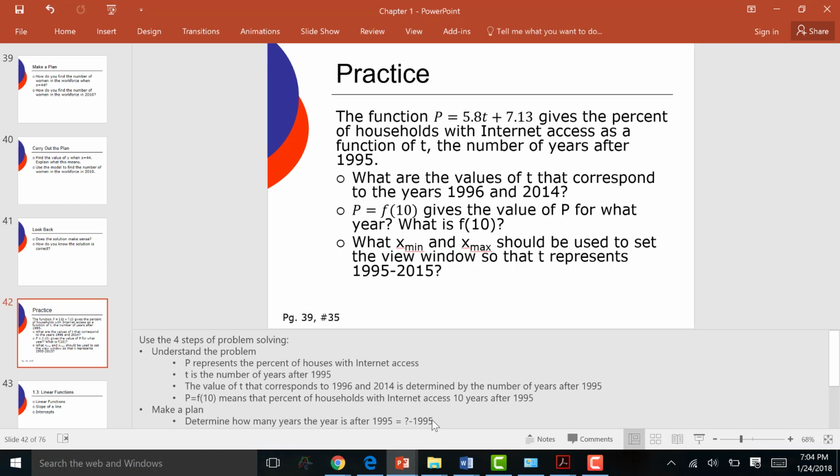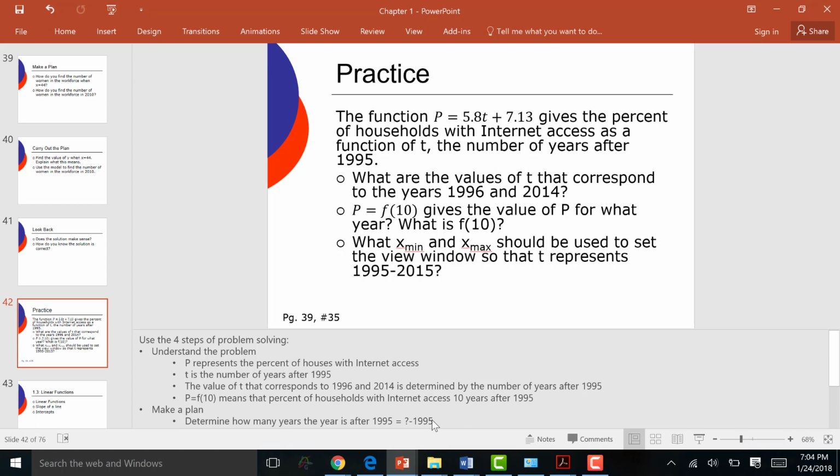Tell me more. I was given the equation, so they gave me this. P equals 5.8T plus 7.13. Okay, what else did they give me? They gave me a T. What does T represent? Number of years.